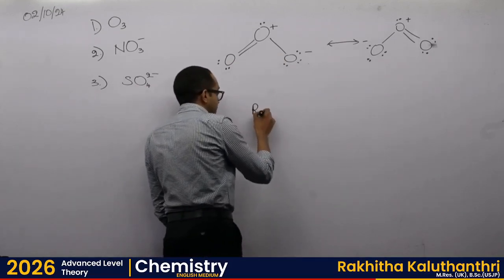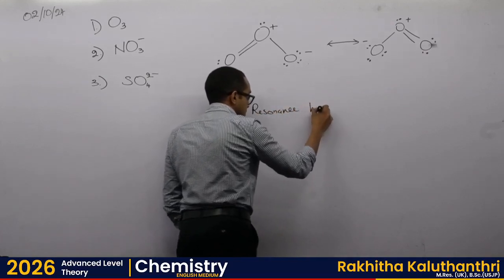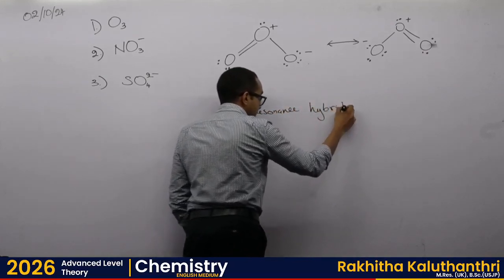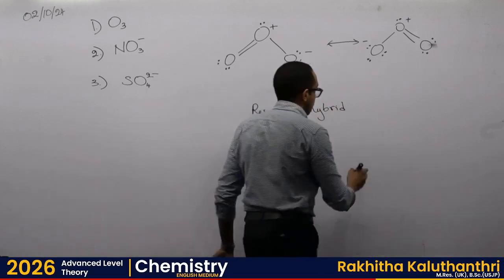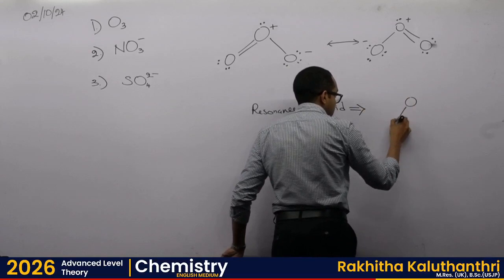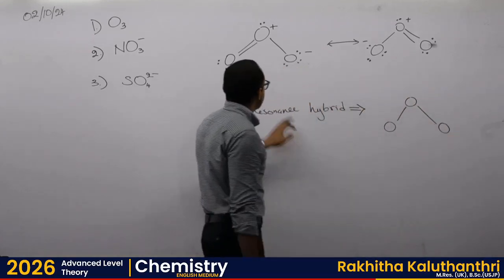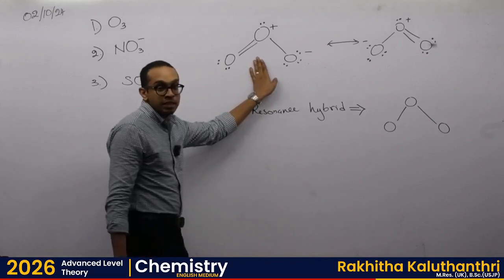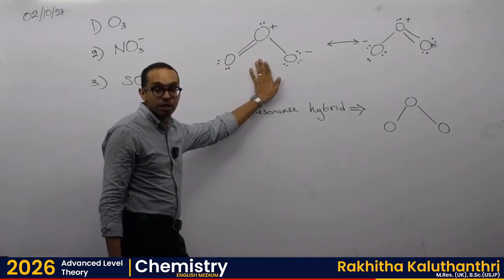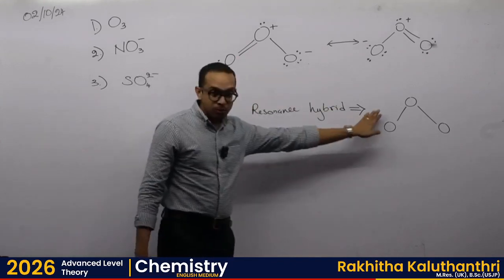And the resonance hybrid is going to have, between each oxygen, at least 1 bond, right? That's what we do. We see the things that are not changing and draw those first. Between each of the oxygens there's at least 1 bond.